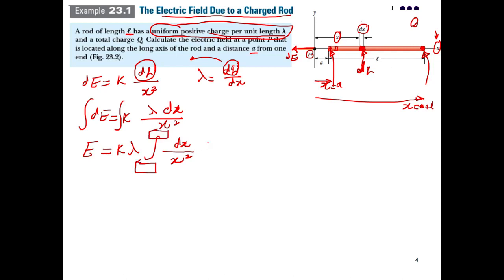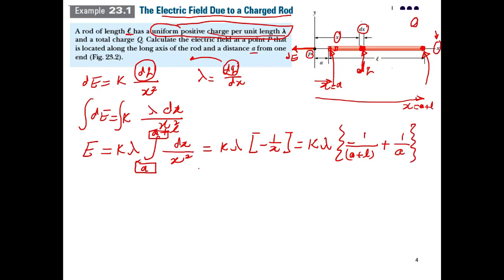Where is the location of the first piece? It's A. Where is the location of the last piece? It's A plus L. Now the task became easy. It is equal to minus 1 over x, so E equals k lambda times minus 1 over x, evaluated from A to A plus L. Now you have minus minus, so it's plus 1 over A.